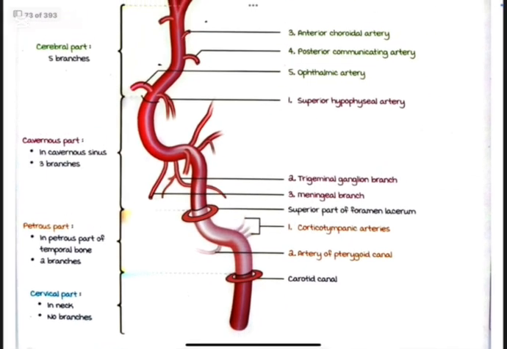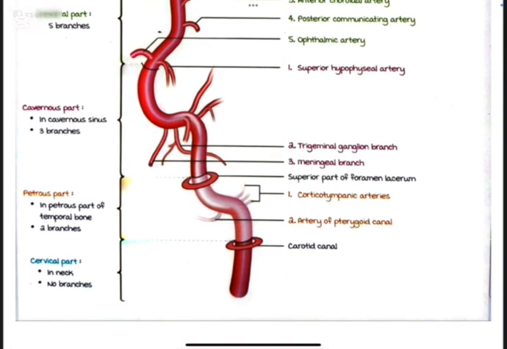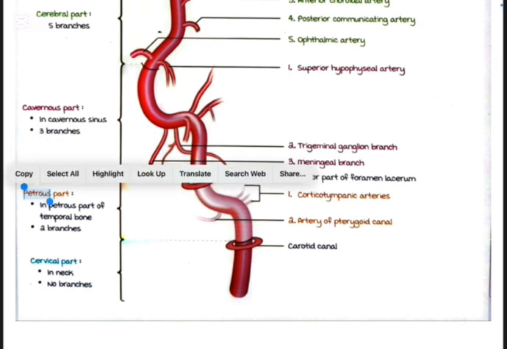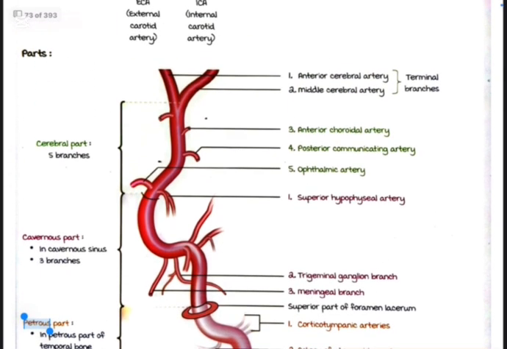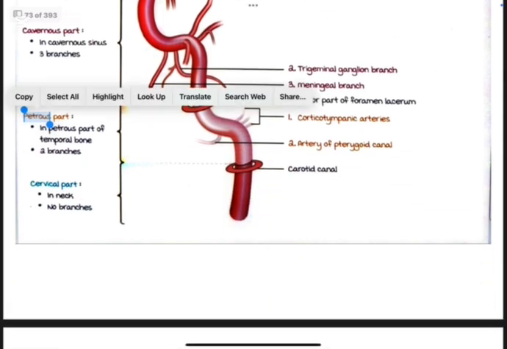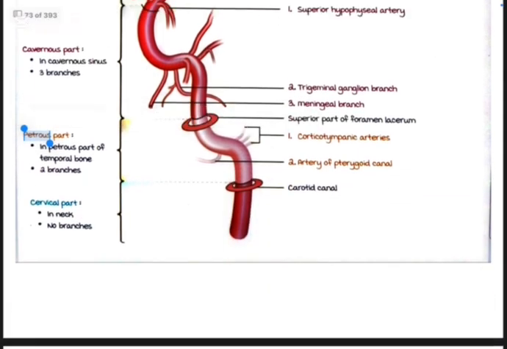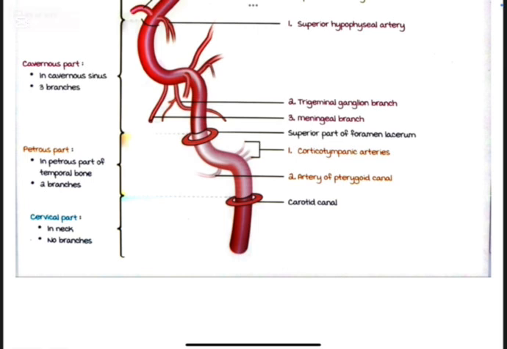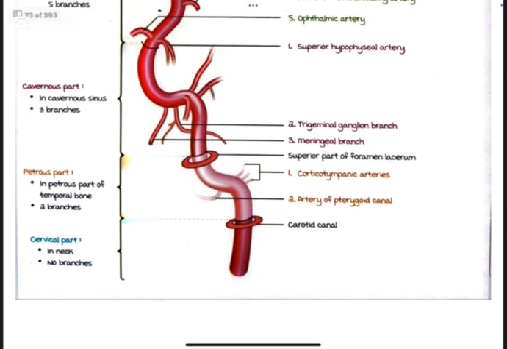Parts: cervical part, petrous part, cavernous part, and cerebral part. Cervical part in neck, no branches. Petrous part of temporal bone, 2 branches.